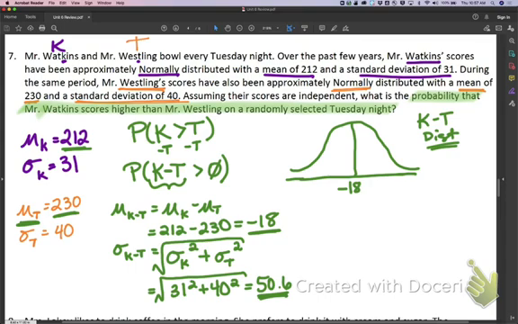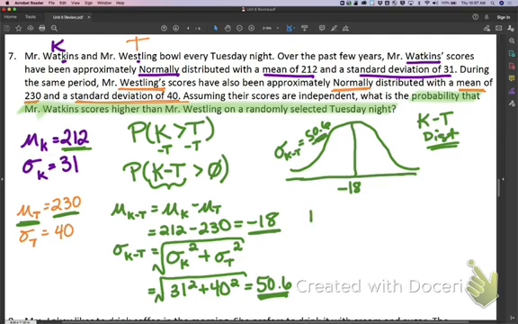The standard deviation of K minus T is 50.6. As you can see, on any given Tuesday night, it could be that Mr. Wessling beats Mr. Watkins. That's not completely out of the picture, because we have a mean of negative 18 with a standard deviation of 50. So that's definitely something that could happen.